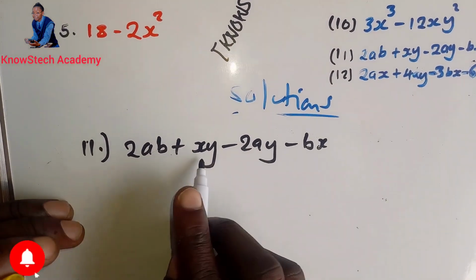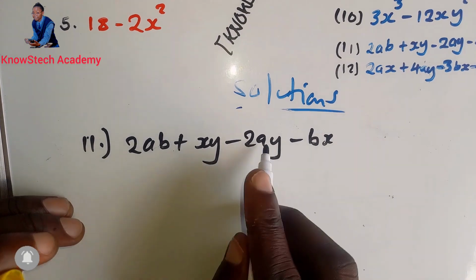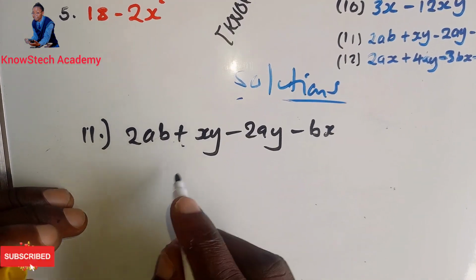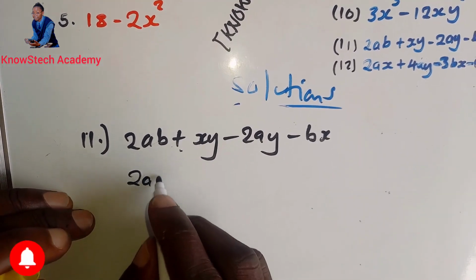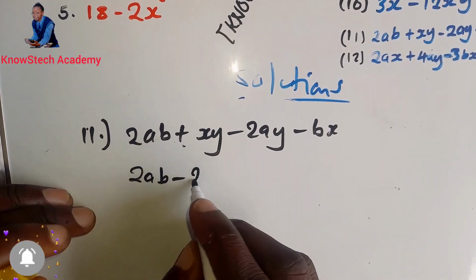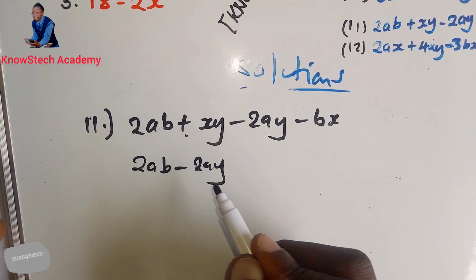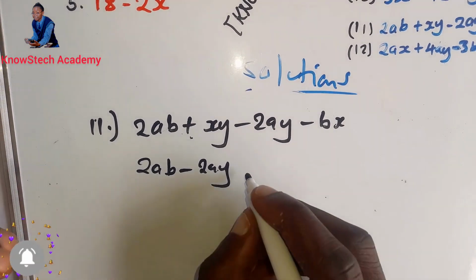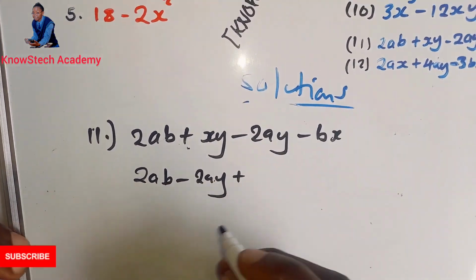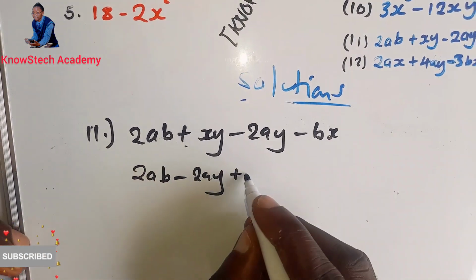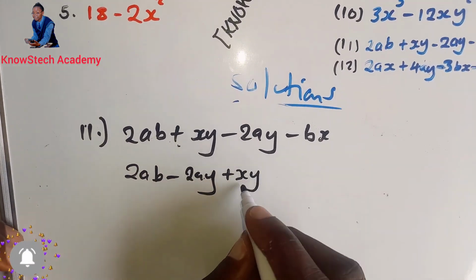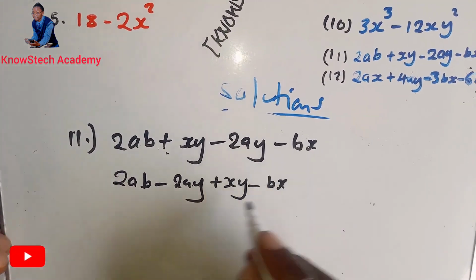Now when you look at the first 2 terms, they have nothing in common, but when you get this one and put it here, we have something in common. So what you're going to do, you're going to write 2ab minus 2ay. It doesn't change the sign because it hasn't crossed an equal sign. That's just to change the position. So this is positive xy minus bx.